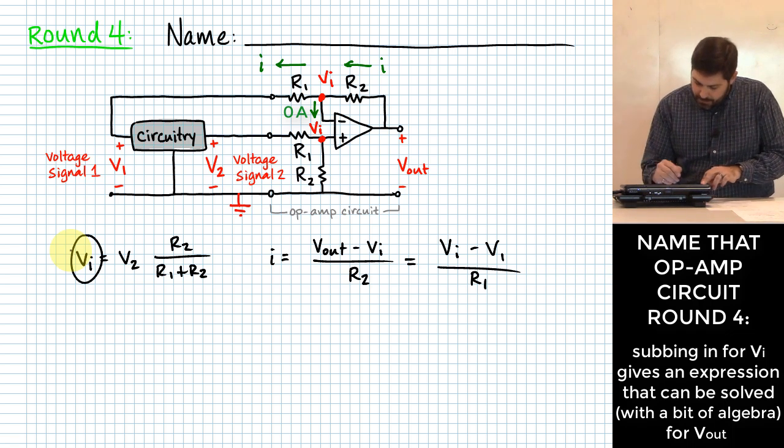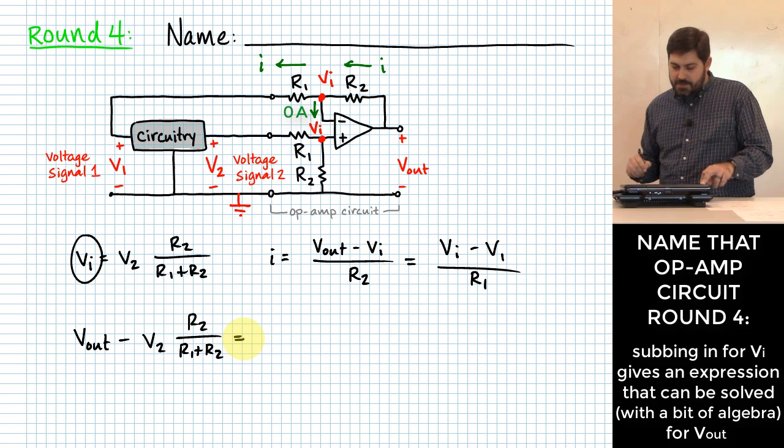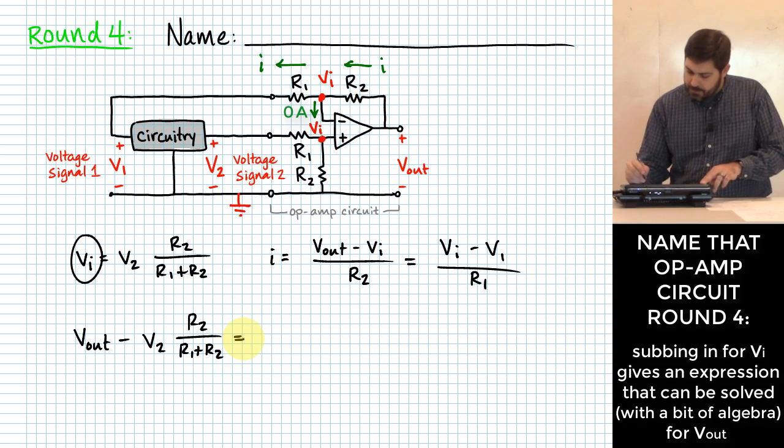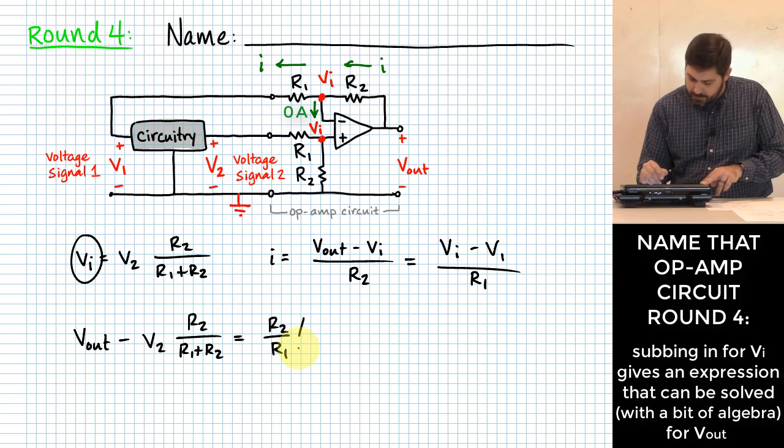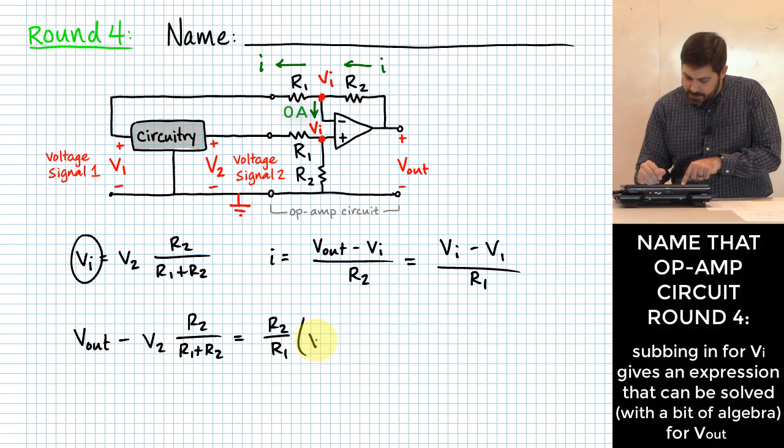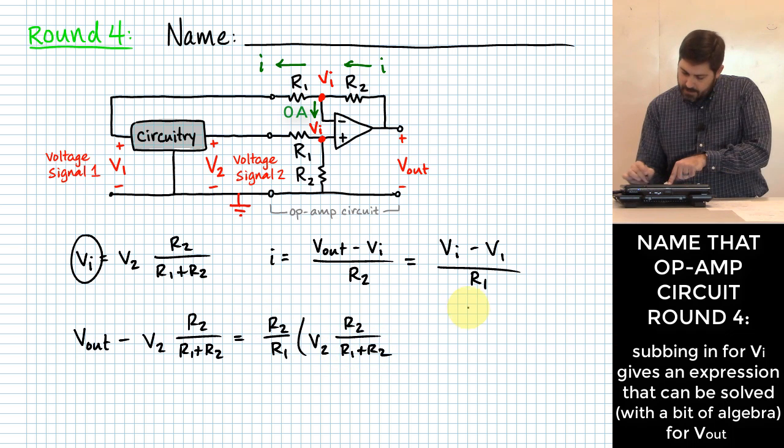So I'll have V out minus VI, subbing in V2 times R2 over R1 plus R2, equal to R2 over R1 times V2 times R2 over R1 plus R2, and then minus V1.